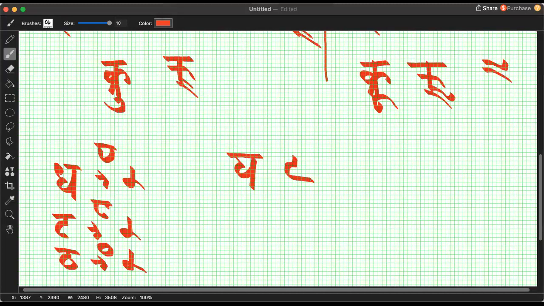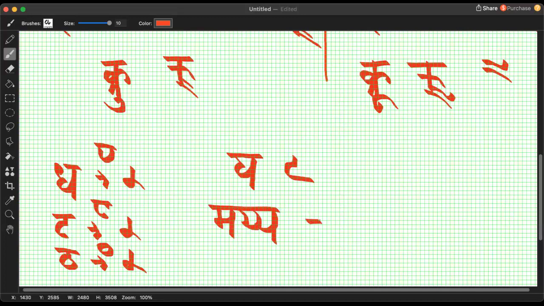Say if you want to write a word, say Maya, I'm writing the Devanagari word first. Okay. Say you're writing Maya.